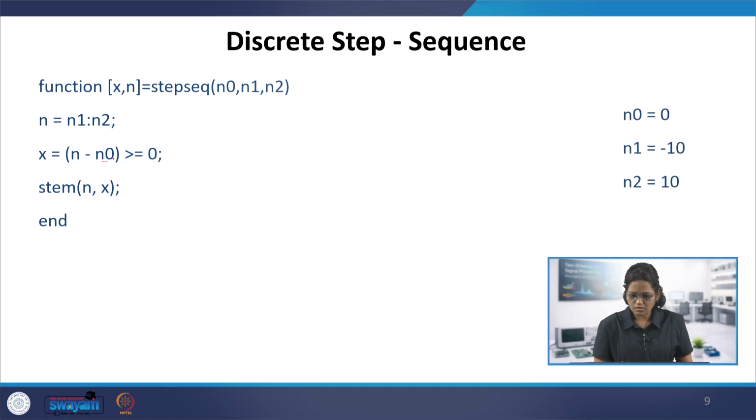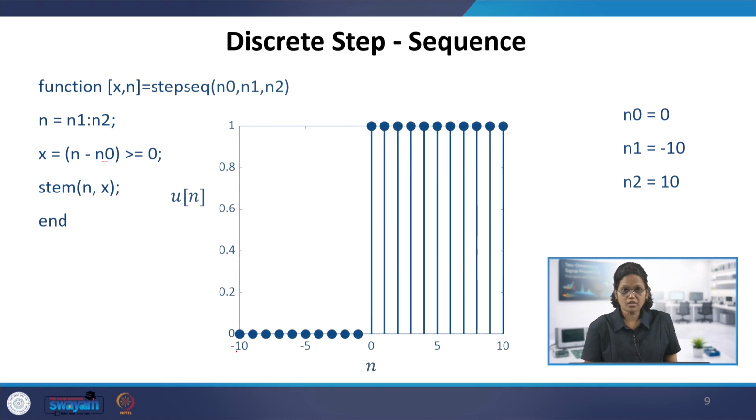Here n naught is assumed to be 0, and n1 is minus 10 and n2 is plus 10. We would plot this step sequence from minus 10 to plus 10. So we get this plot, where n goes from n1 to n2, and you can see for these conditions x is yielding 0 from minus 10 up to minus 1, and from 0 to 10 the condition would be true, so it gives 1.